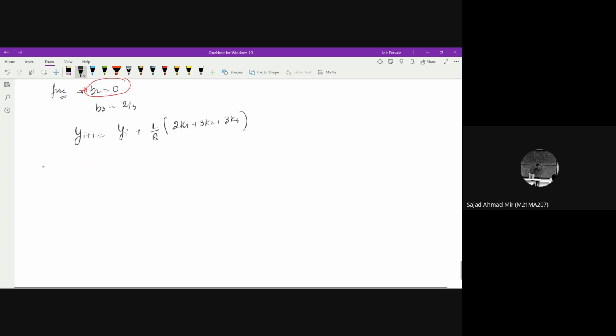If I write it in a further simplified form, this will be y_i plus h by 4 f of (x_i, y_i) plus 3h by 8 f of (x_i plus 2h by 3, y_i plus 2h by 3 f of (x_i, y_i)), this is within this function, and 3h by 8 f of (x_i plus 2h by 3, and the further updated value).